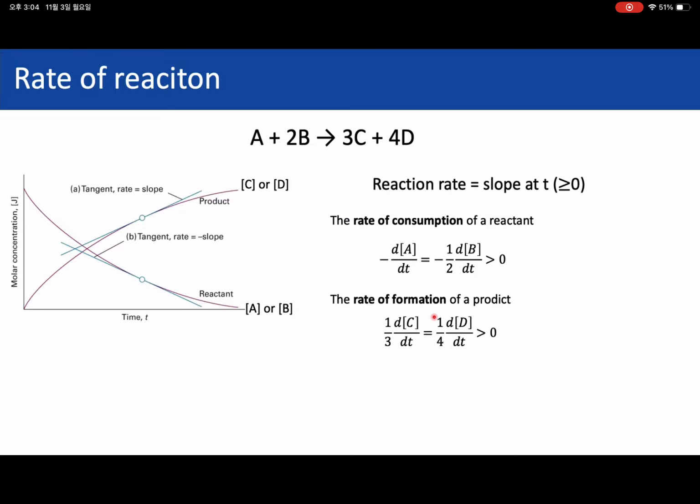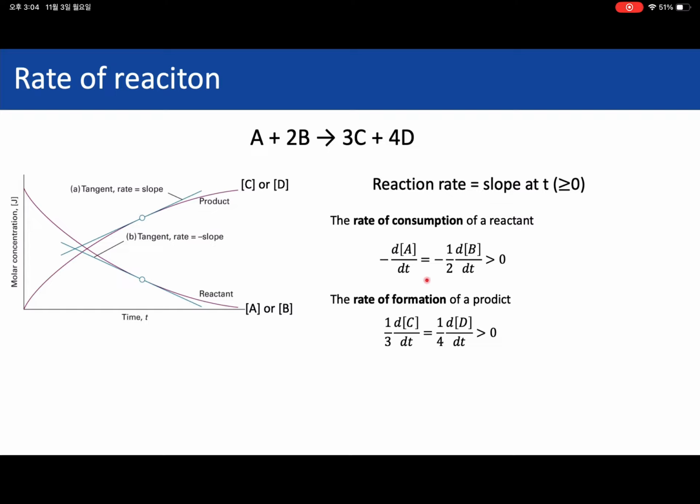Similarly, the rate of formation of product, there's a typo here, it is product, not reactant. The rate of formation of the product is the slope of the curve of the molar concentration of the product with respect to time. Now we don't have the negative sign, because it is always positive over time, since we keep making the product as the reactant decreases.